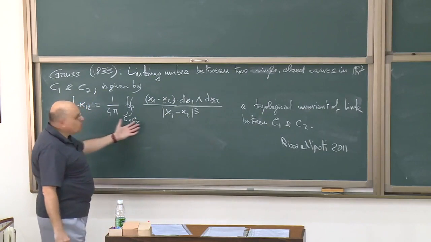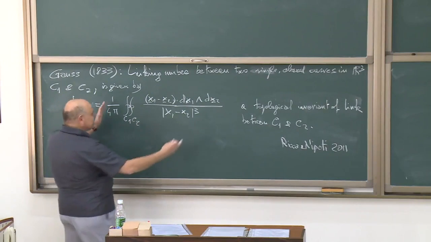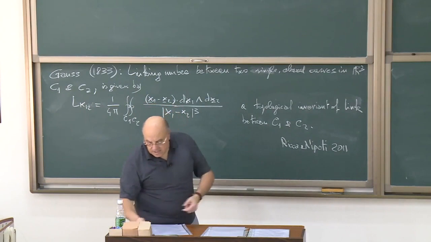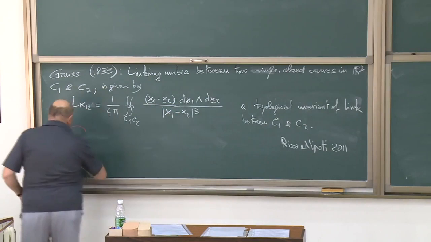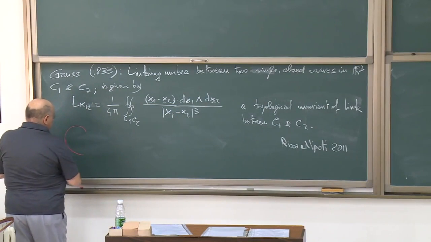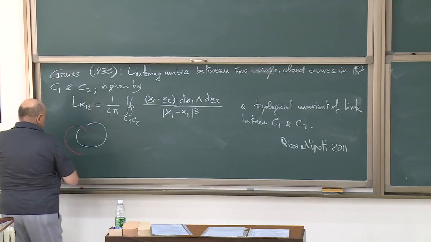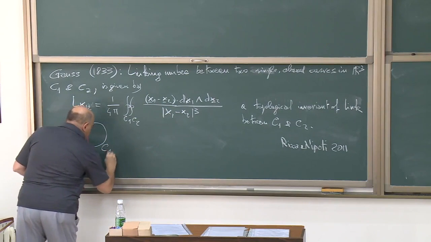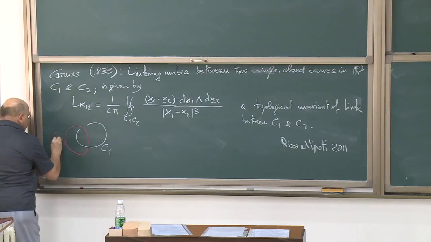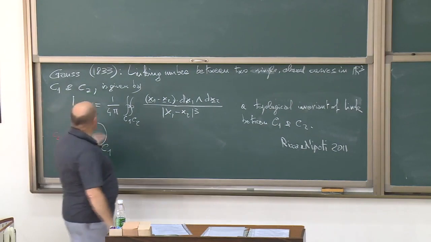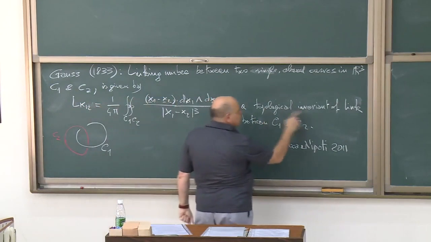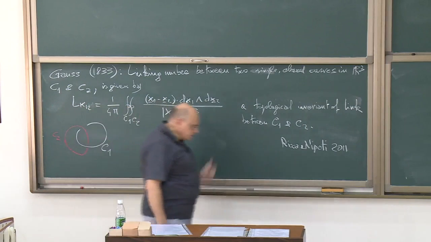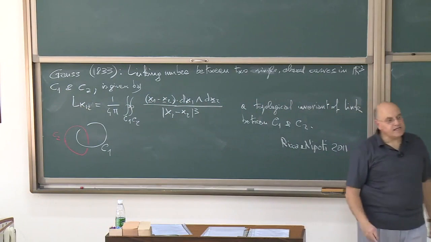Because you think, how on earth does he say that this double integral of a curve and another one, say C1 with C2, linking one with the other, is a quantity Lk that is a topological invariant of the link? You wonder how on earth he could say something like this.